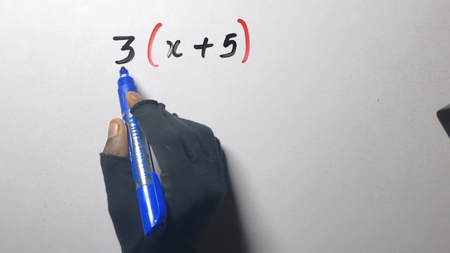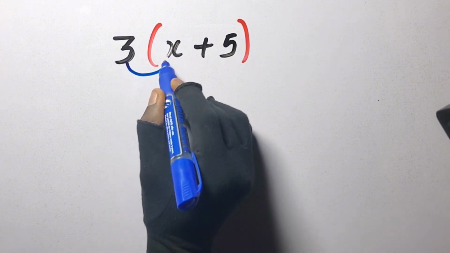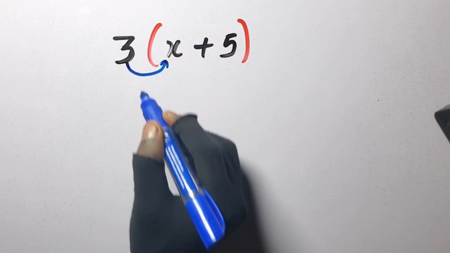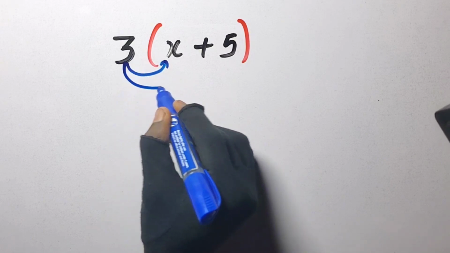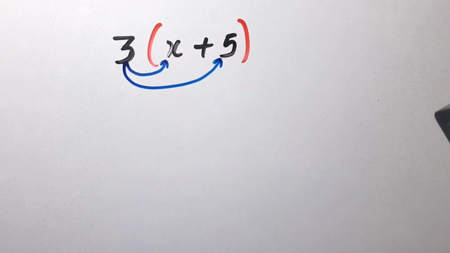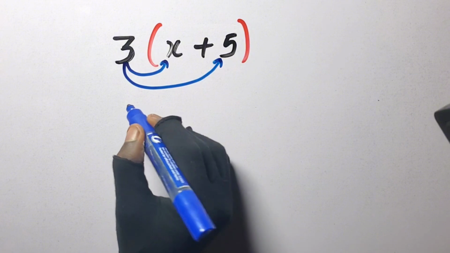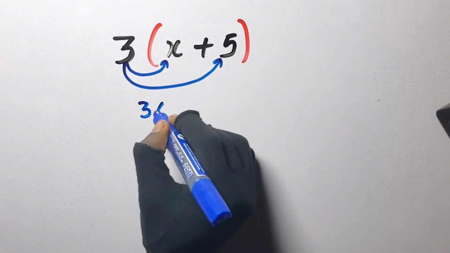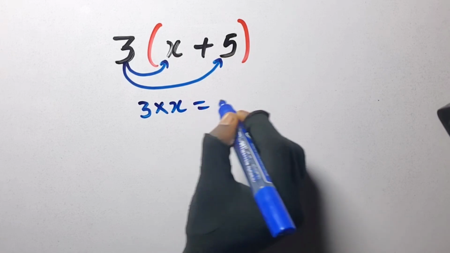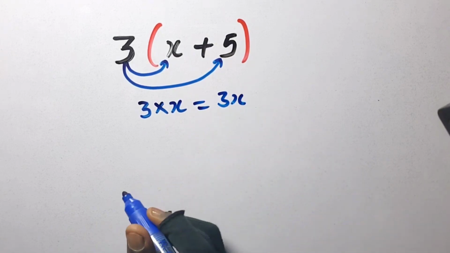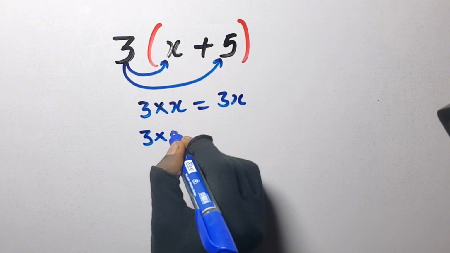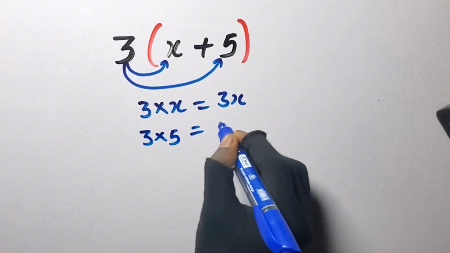So therefore, 3 multiplied by this. Okay? Then 3 multiplied by all this again. Like this, 3 times x equal to 3x. 3 times 5 equal to 15.